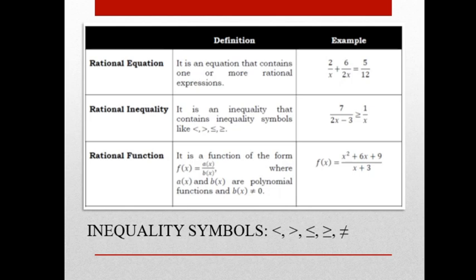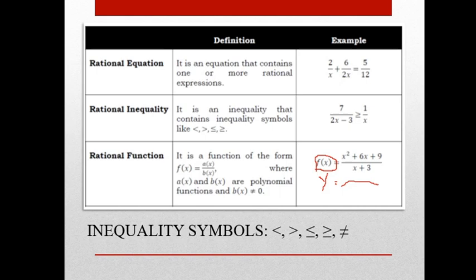So, ano yung pagkakaiba nung dalawa na ito? Ang rational function ay mayroong function notation, which is f of x, g of x, h of x, b of x, any symbol na magpapakita na siya ay naka-function notation. Or, kung di man natin makita yan, makikita natin na y. Y is equal to, and so on and so forth.